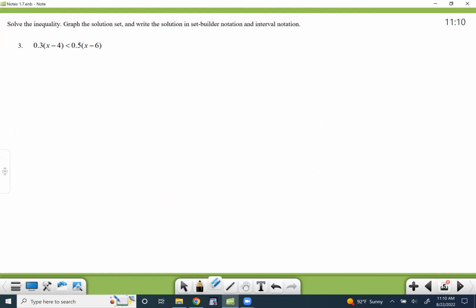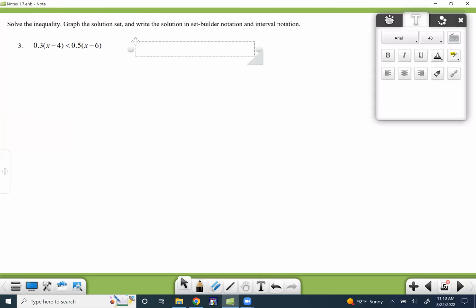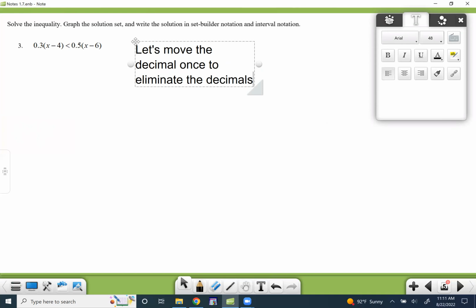All right. So for this one, if you're somebody who doesn't have a calculator, then moving the decimal is very beneficial, right? So I'm going to go ahead and do that so that way I can keep integers, or positive or negative whole numbers, on here. Okay. So let's move the decimal once to eliminate decimals.